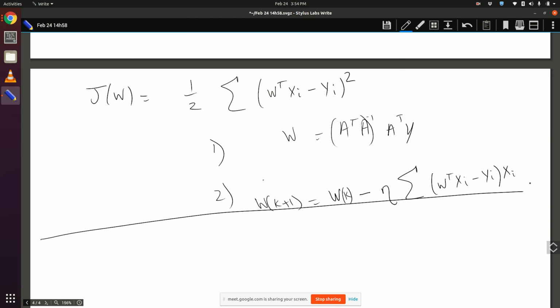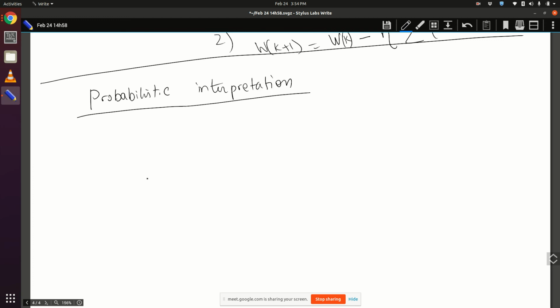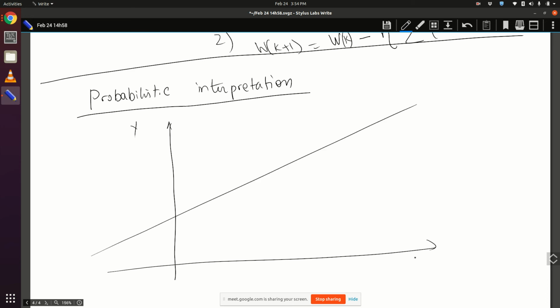Now the other view I want to emphasize, and we will stop at that view, is that there is a probabilistic interpretation as well. So suppose you imagine another model, as follows. You have y as a function of x: y is equal to W transpose x, but there is some noise. So when you look at this point, it can be this, but there can be some noise here.